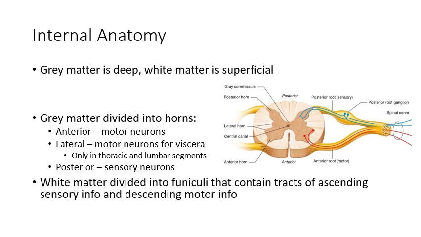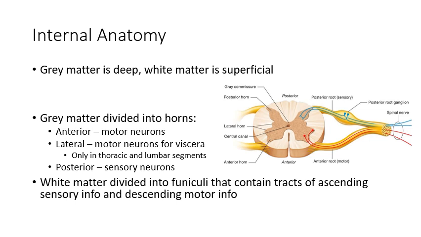Then you also have a small lateral horn. It's right here, right here, right here, maybe a little bit of right here. The lateral horn contains motor neurons for the viscera.